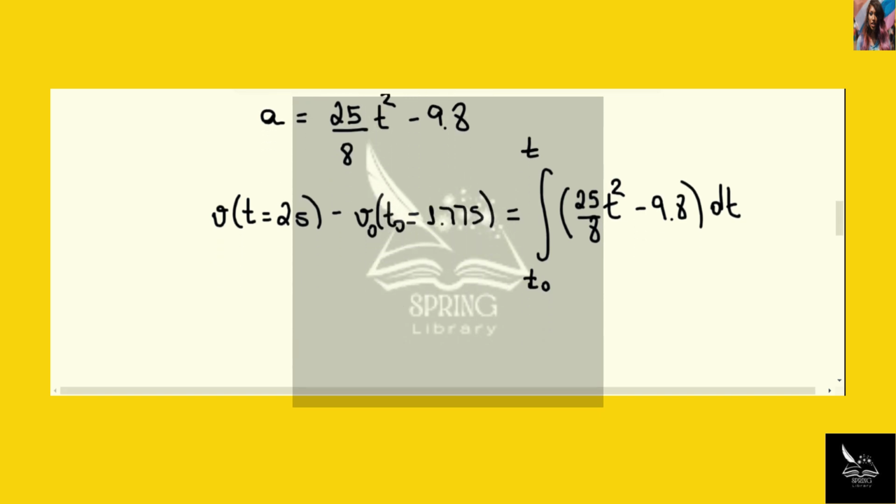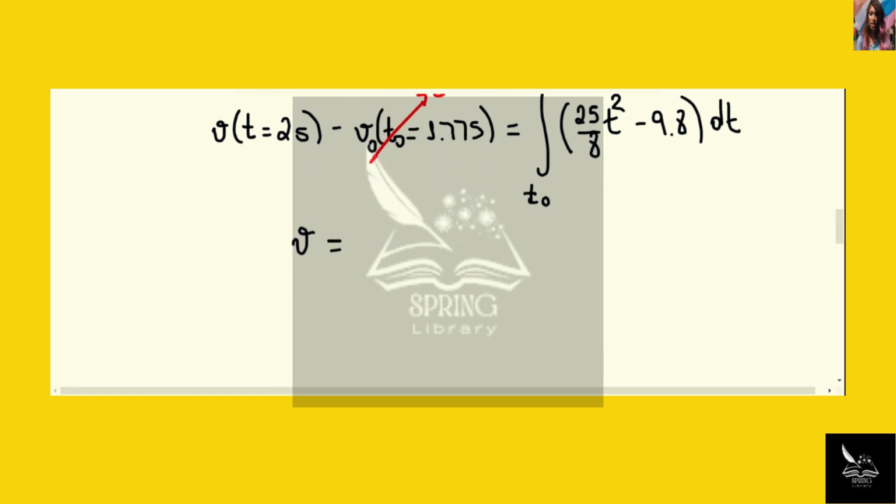So I have that v0 is 0, that's the initial speed. So I have that v is equal to 25 divided by 8 times 3, which is 24, times t cubed minus t0 cubed, minus 9.8 times t minus t0.